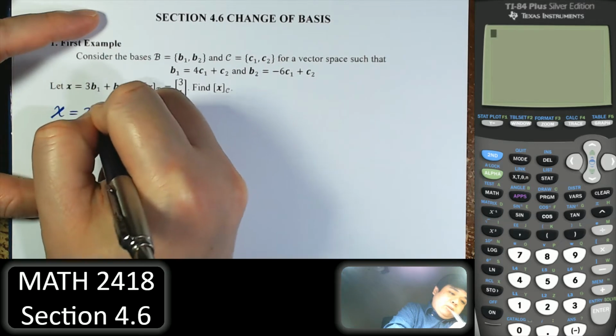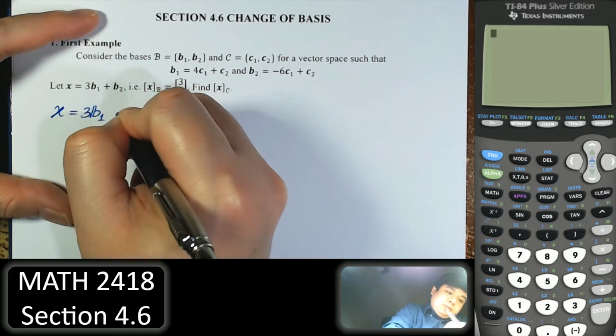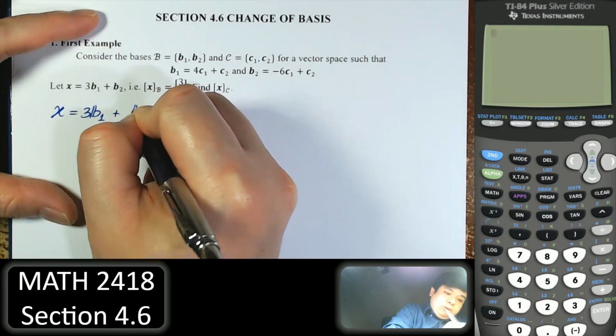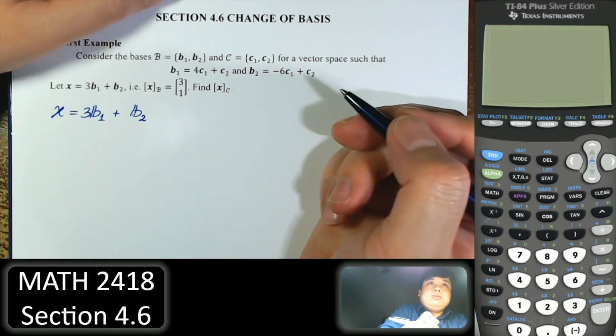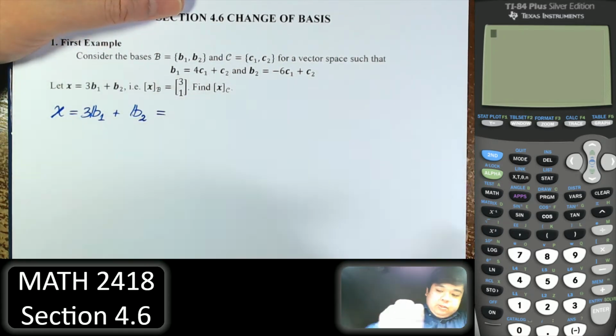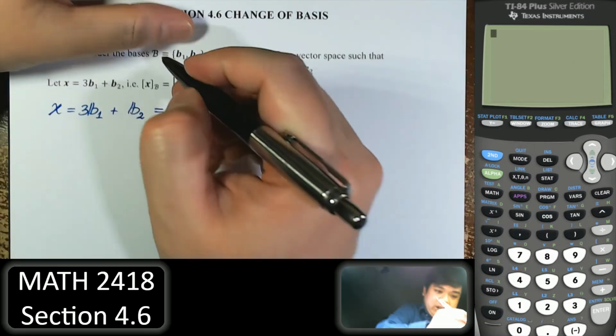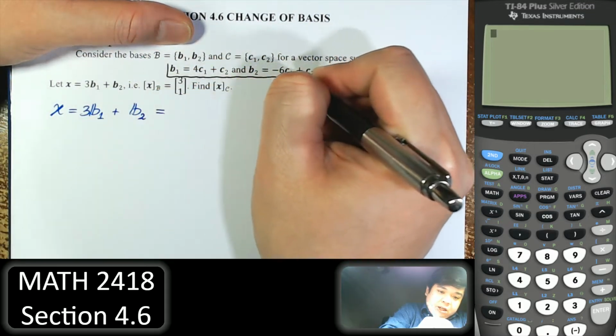We say x is equal to 3 times B1 plus B2, and we are given this condition.